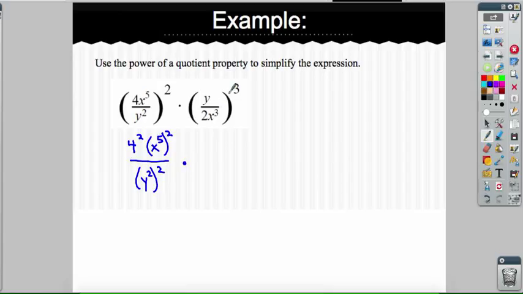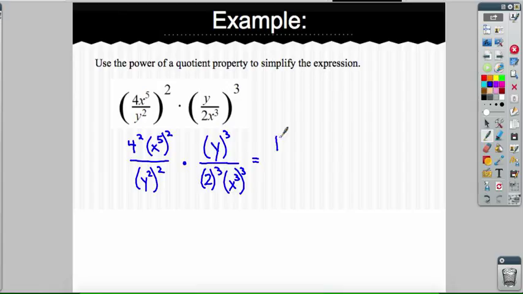Each term on the inside is going to be getting this cubed. So on the top of my fraction here, I'm going to have that y term being cubed. I'm going to have on the bottom the 2 being cubed, and I'm going to have the x cubed being cubed.